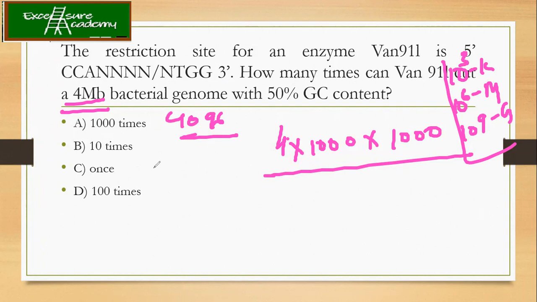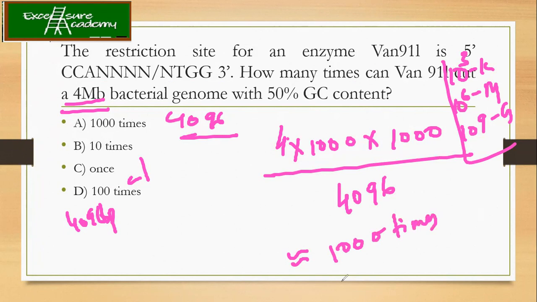And now we know that after each 4096 base pair, this enzyme is going to make 1 cut. So how many cuts are there? 4 MB divided by 4096. When you calculate, you can just get an approximation of around 1000 times. You don't have to get the real accurate answer.